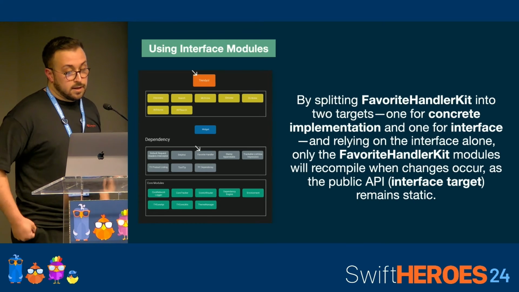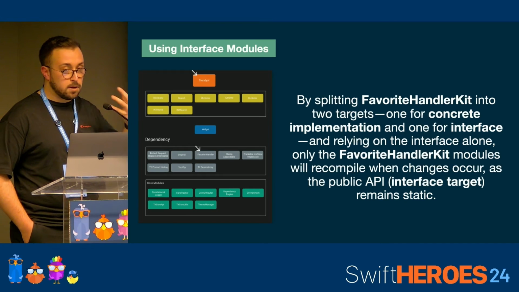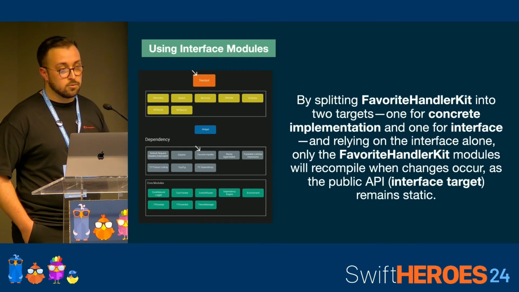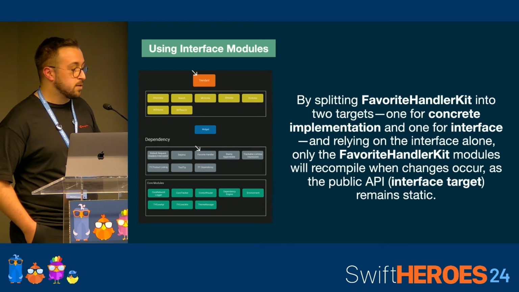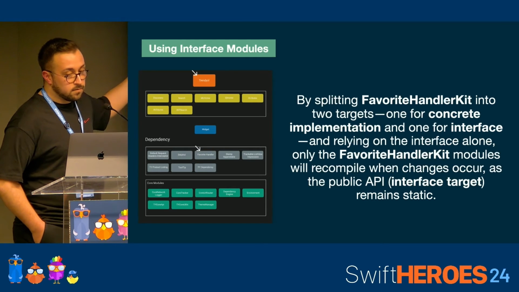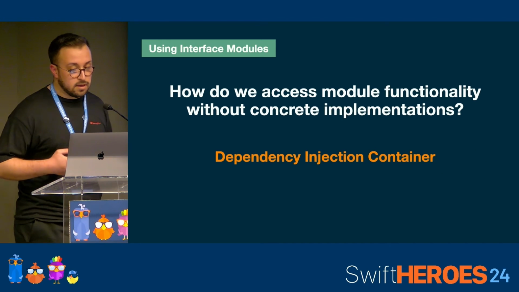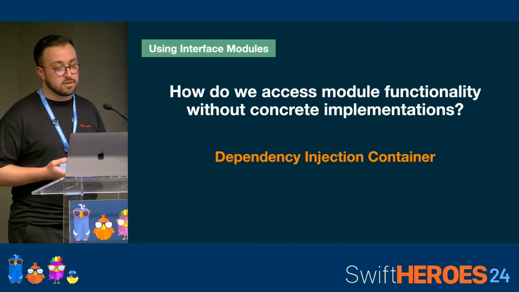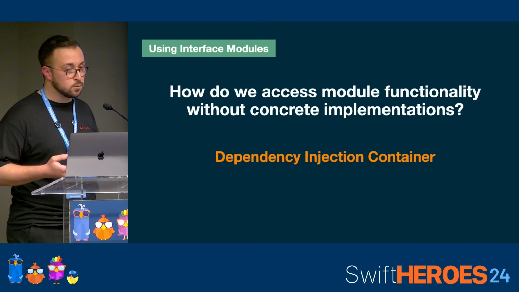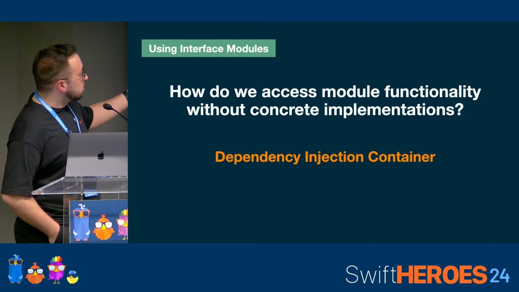As we split favorite handler kit into two targets, any change made to the favorite handler kit's concrete target will only recompile itself and the main Trendyol app target, not the other dependent modules, because it's used by its interface target, not the concrete one. So I assume many of you ask how you can access these modules since you don't rely on concrete targets. The answer is the dependency injection container.